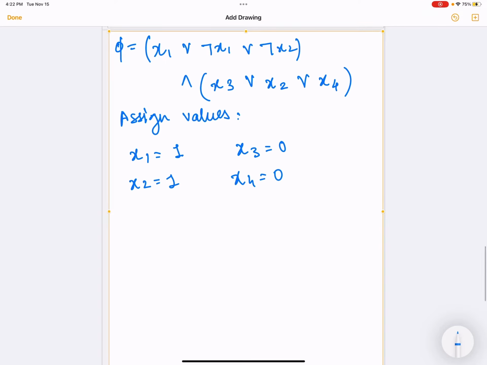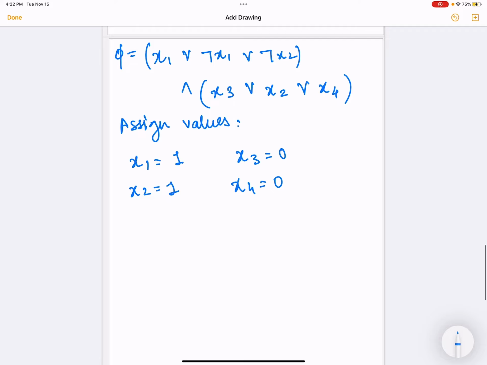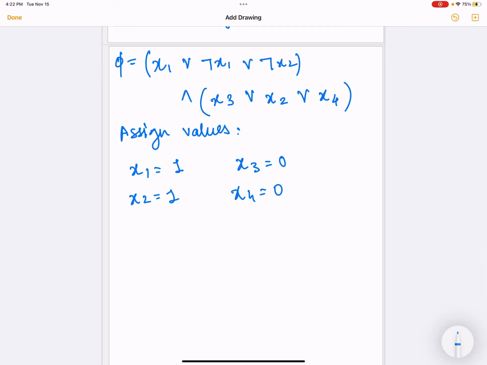Now we have assigned the values. Now we want to evaluate these values. If we want the formula to be satisfiable, we want that phi should be 1. Now as there is a conjunction between the two clauses, both the clauses should finally evaluate to 1.